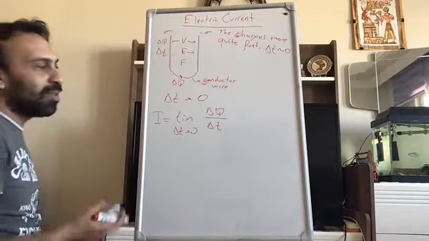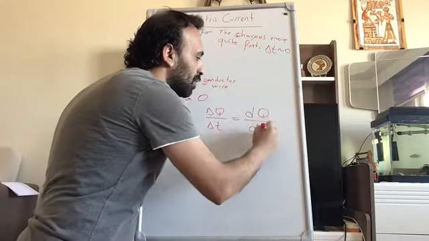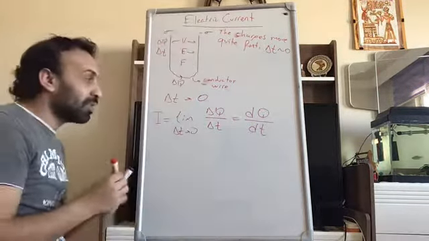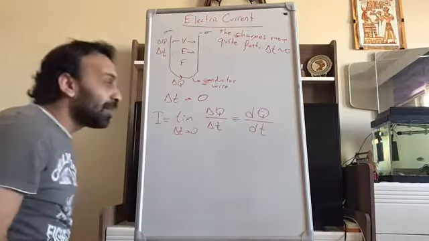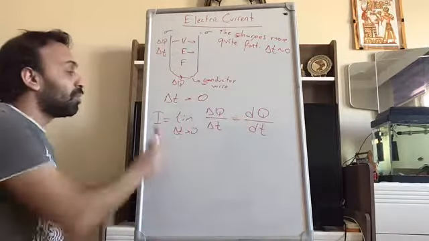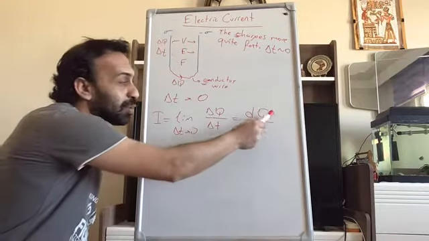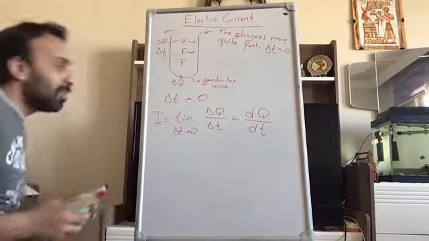Actually, this is nothing but the definition of the derivative of Q with respect to time. So if you know the total electric charge passing through a wire as a function of time, its derivative with respect to time will be equal to the current. And again, you can check the unit, coulomb per second, and its unit will be ampere.